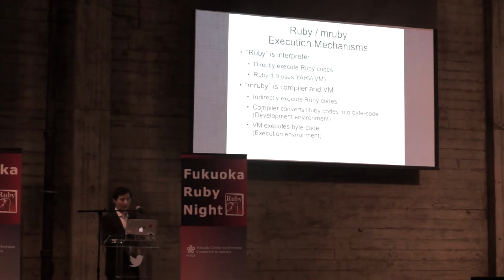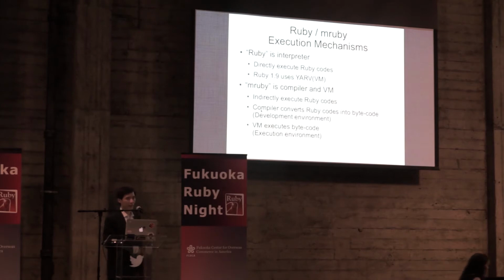So the comparison of Ruby and mruby is this. Ruby is an interpreter, combining interpreting and executing. Once Ruby code is written by you, then we can execute the Ruby code. That is the original Ruby, MRI.